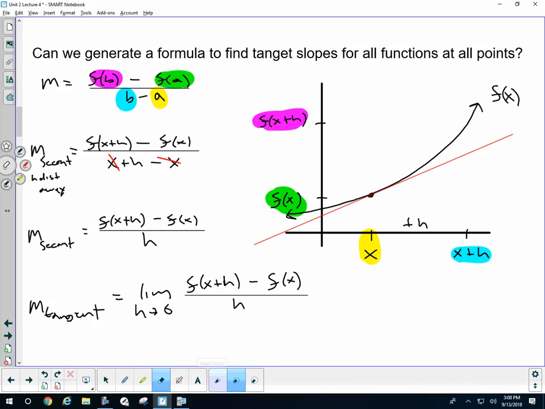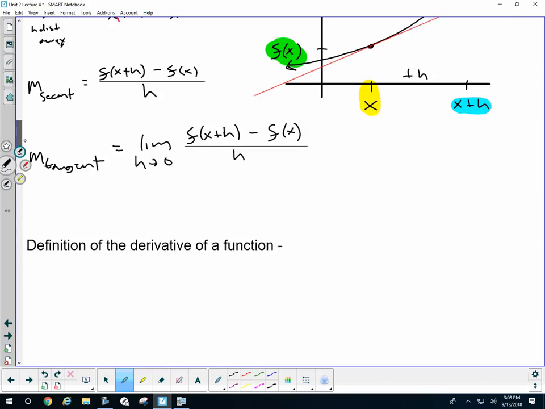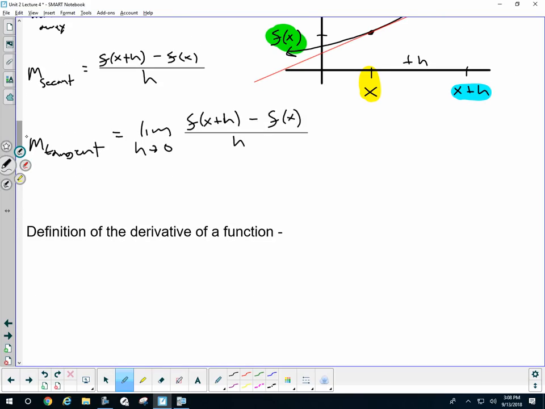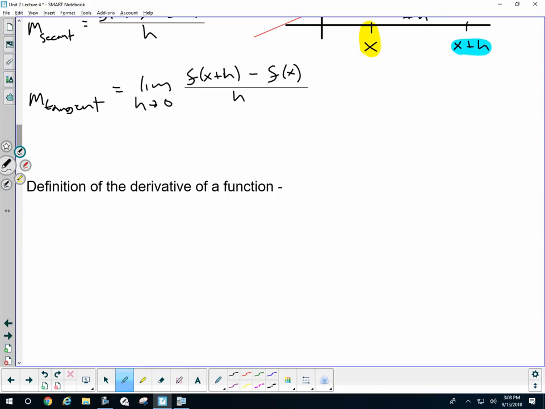And you're like, great. What does this mean? Well, this is important. This is like magical. This is a key conceptual breakthrough that happened in the 1600s. If we wanted to find the equation for the graphs that we created, we can use this magical formula. It is so magical that we call this the definition of the derivative of a function.